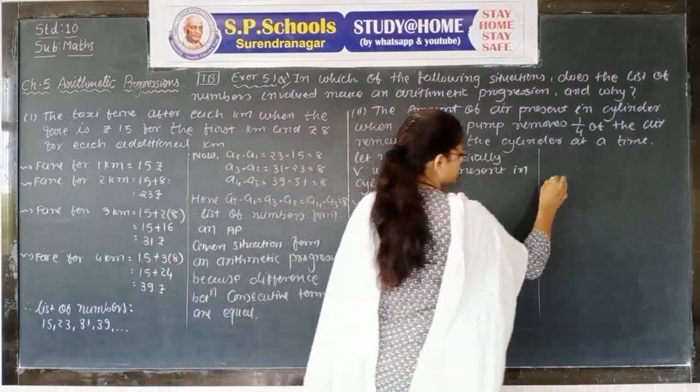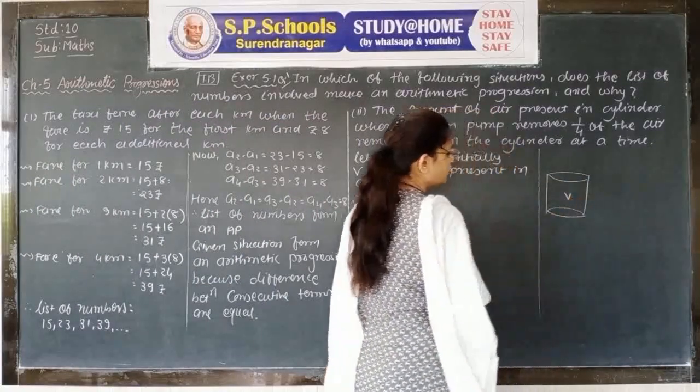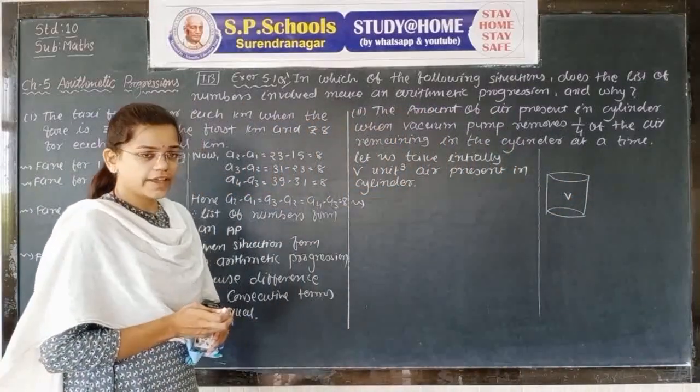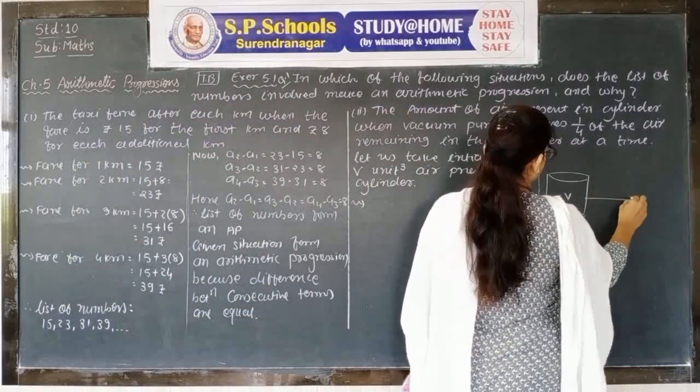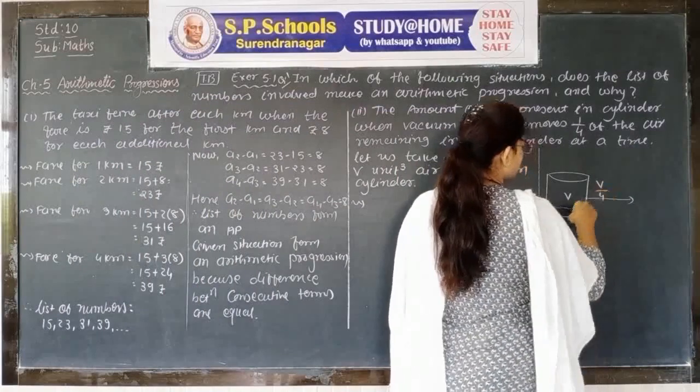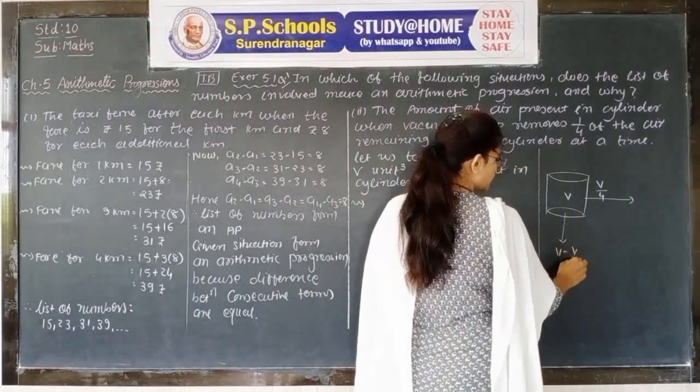A cylinder contains V volume air in it. The vacuum pump removes 1/4 air at a time. V upon 4 is removed. Remaining air in the cylinder is V minus V upon 4.